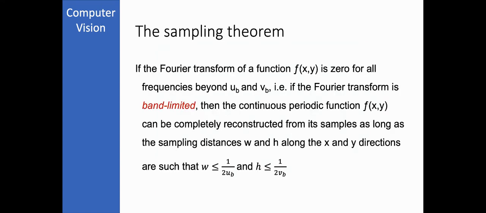This leads to something very fundamental in signal processing, the sampling theorem. If the Fourier transform of a function is 0 for all frequencies beyond some point, U sub b and V sub b, meaning that the Fourier transform is band limited, then the continuous periodic function can be completely reconstructed from its samples as long as the sampling distances W and H along the x and y directions are such that W is smaller than 1 over 2 U sub b and H is smaller than 1 over 2 V sub b.